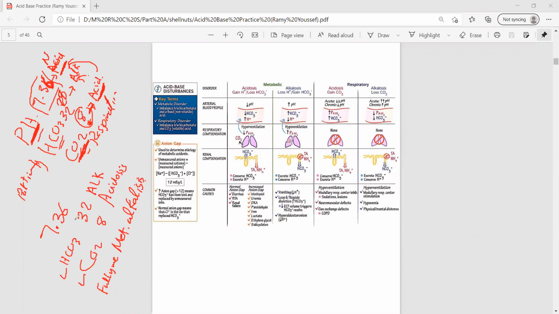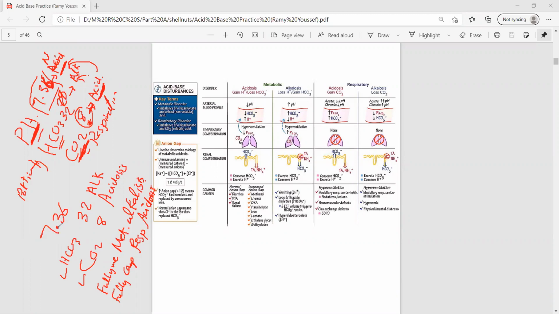Why not fully compensated respiratory acidosis? Because the pH is toward the maximal normal, which is toward the metabolic side.